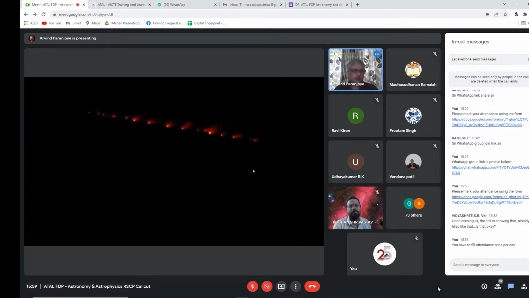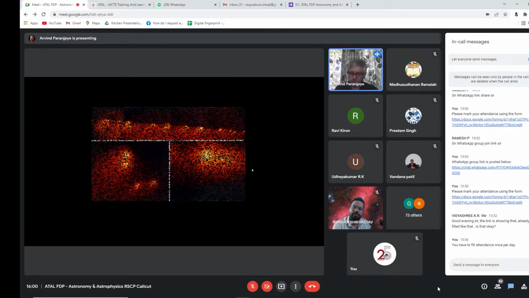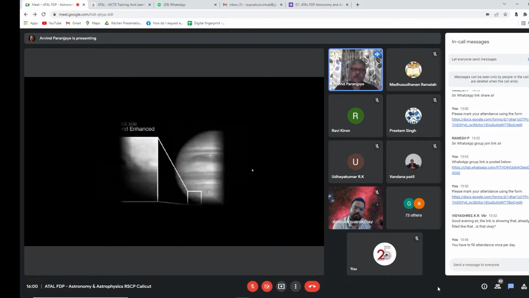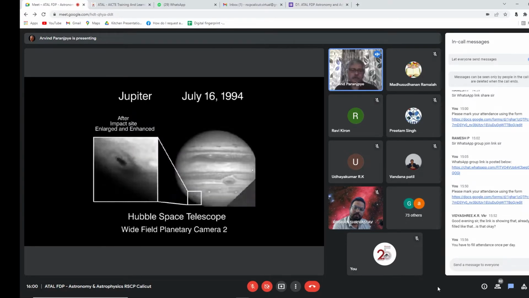Now one last point about the comet is that there was a comet which was seen and noted, and it broke into a large number of small pieces, 21 of them. Many of you might remember observing this, which happened in 1994.